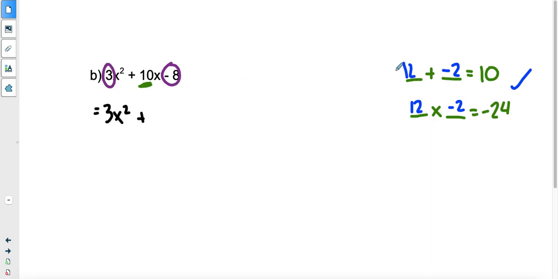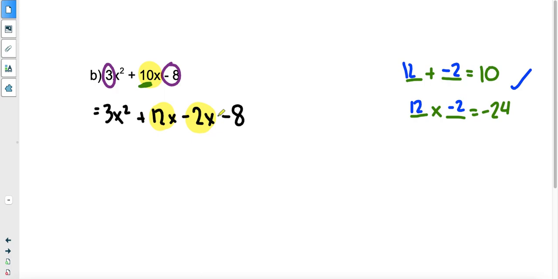Okay, so 10x, that's the same thing as 12x minus 2x. And now I have a minus 8 here at the end. Right, so just to show you what I did, I split up the middle term, the 10x, up into 12x minus 2x.